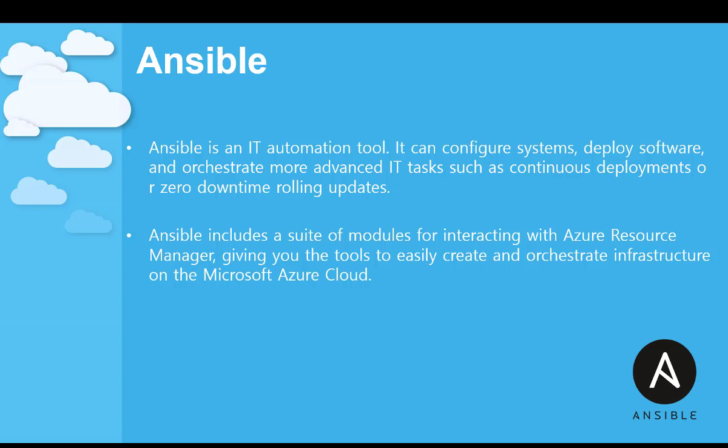For Azure, Ansible includes a suite of modules to interact with different components using the Azure Resource Manager API. And it gives you the ability to easily create and orchestrate infrastructure.